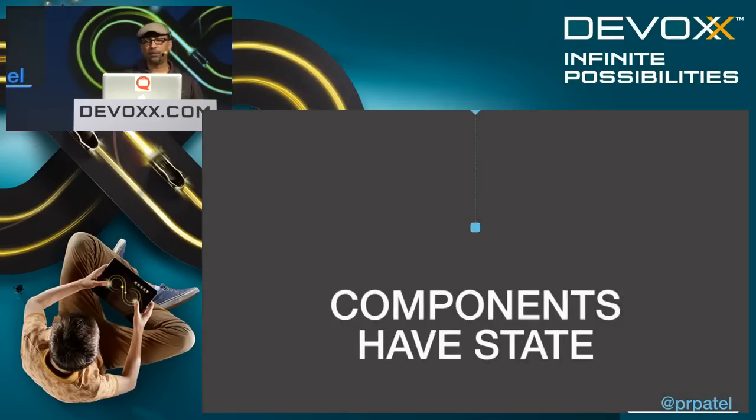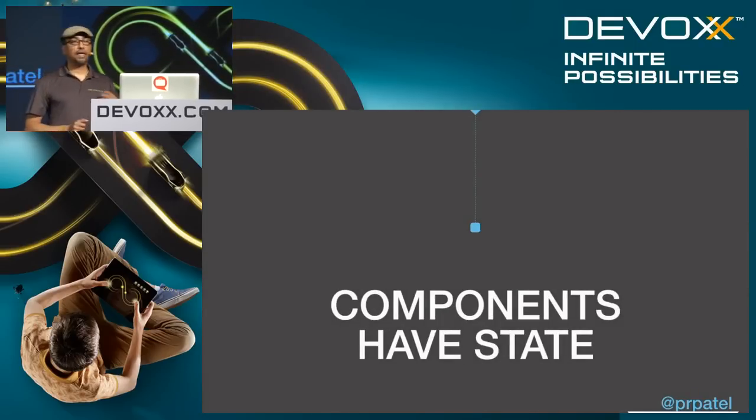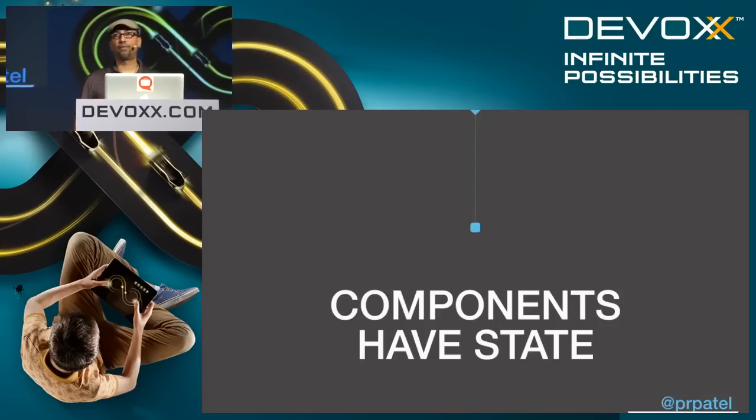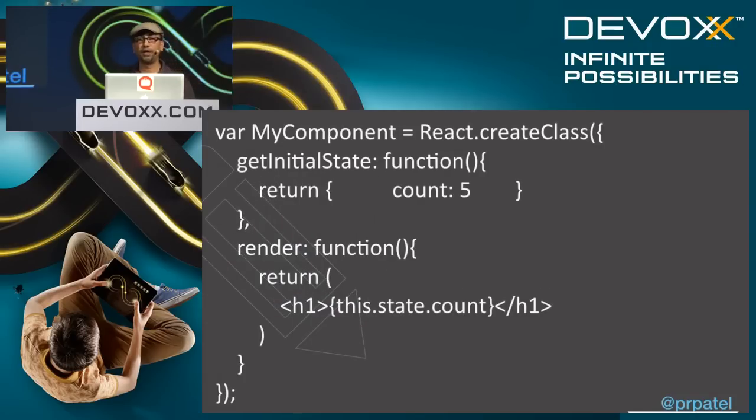The other thing about React that's interesting is that components have state. That's where a lot of the programming you'll do will be around managing the state of your specific components. So what does the state look like? Again, we're hooking into the getInitialState callback for this specific component, and we're just saying return a state of count equals 5.